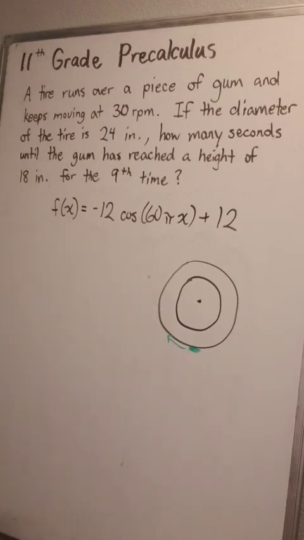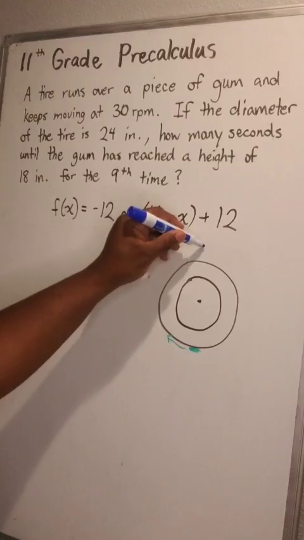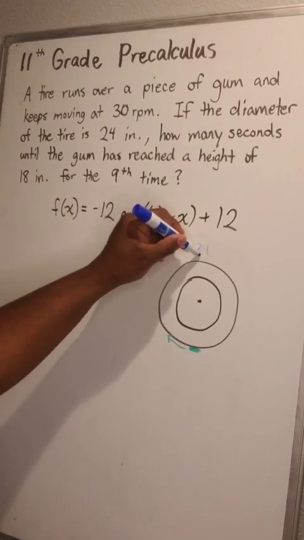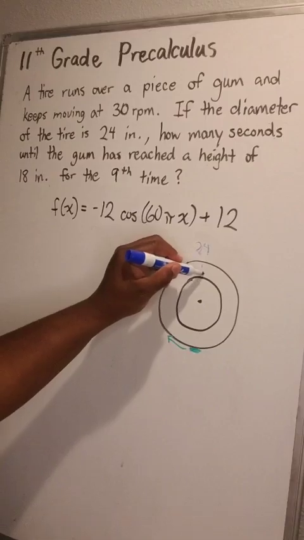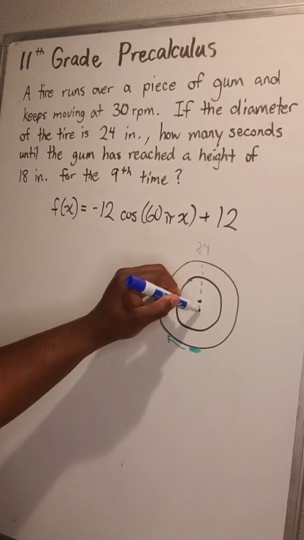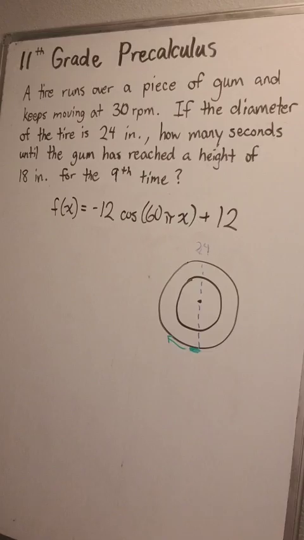to the wheel. And I'm going to put 24 up here at the top because this is the height of the wheel as represented by the diameter, going all the way across the wheel, going through the center.